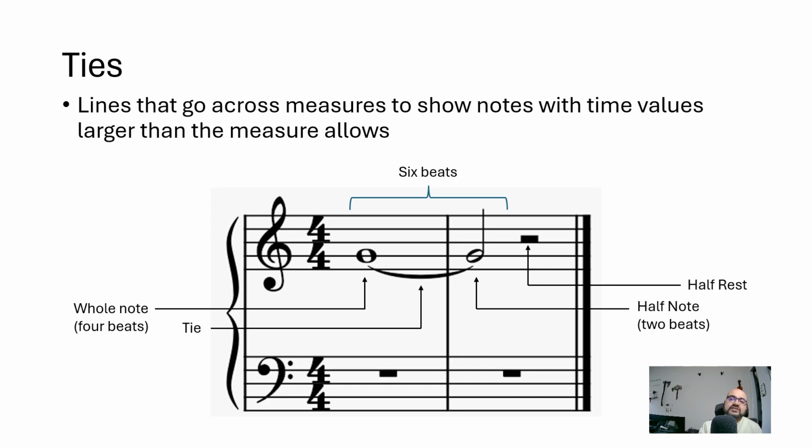The whole note is 4 beats and the half note is 2 beats. So together it becomes 6 beats that is represented in a sheet that has a 4/4 meter. A 6 beat note cannot go in a 4/4 meter within one measure itself, and that's why it has to overflow into the next one, and a tie line helps us do that.